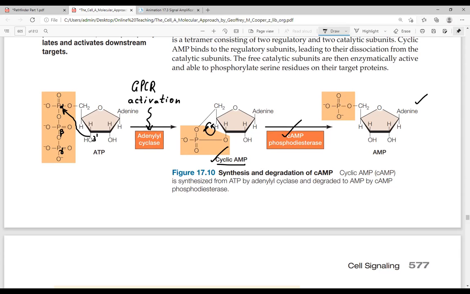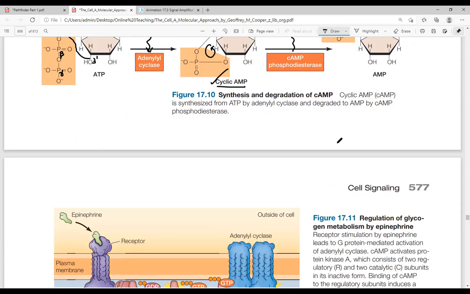Then there is the cyclic AMP phosphodiesterase molecule, which is responsible for inactivation, and it becomes activated to cause GPCR inactivation. This is how inactivation takes place and leads to the production of AMP, referred to as adenosine monophosphate.